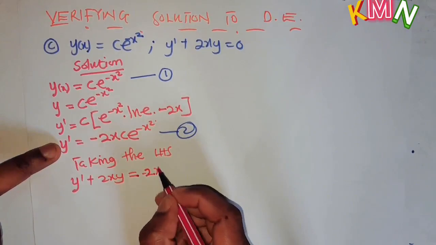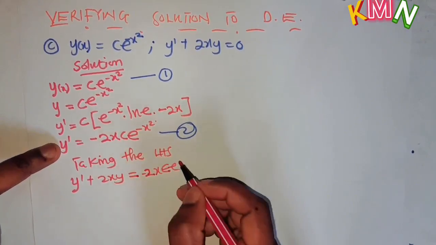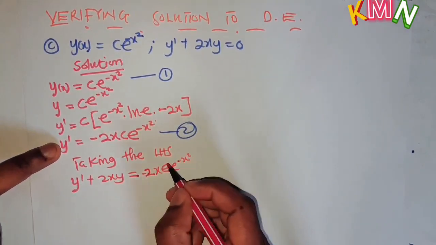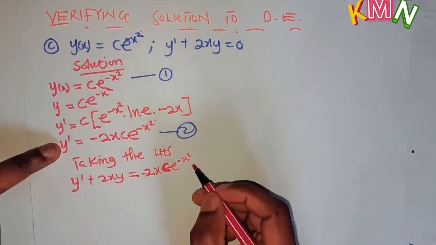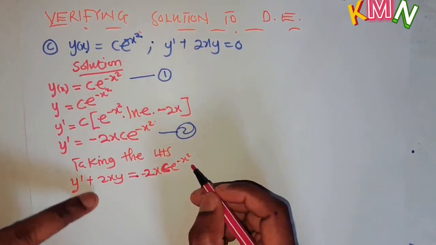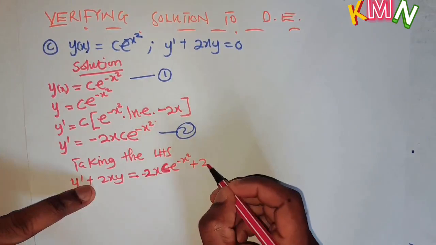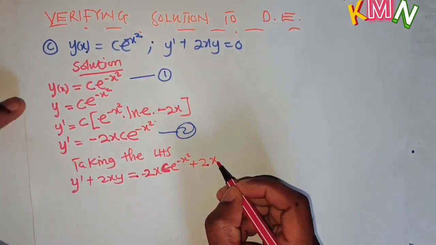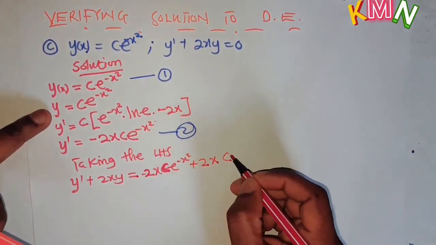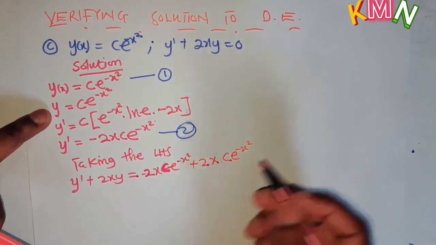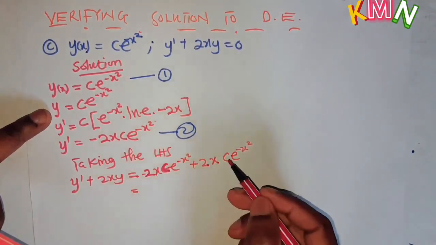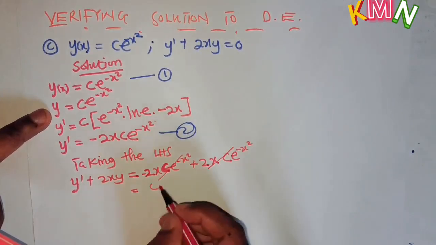to our y prime we had negative 2x c e power negative x squared. Then our plus 2x, the y, c e power negative x squared. And obviously this negative is positive, cancels out, and that will give us 0.